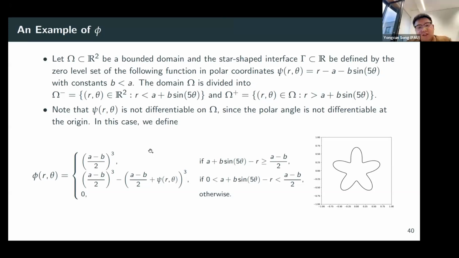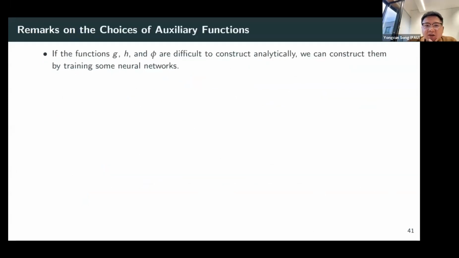In this case, by the results of the above theorem, we can define the auxiliary function phi in this form. Then we can check this function satisfies all the requirements of the auxiliary function and works very well in numerical experiments.